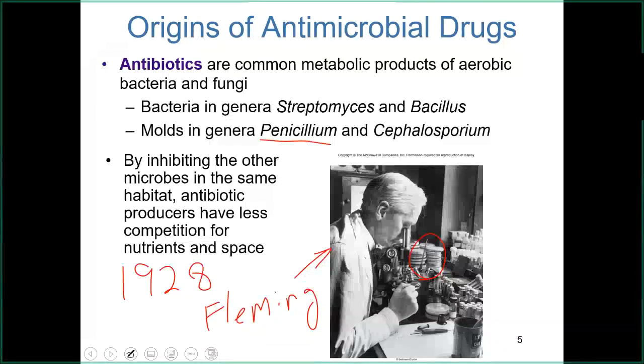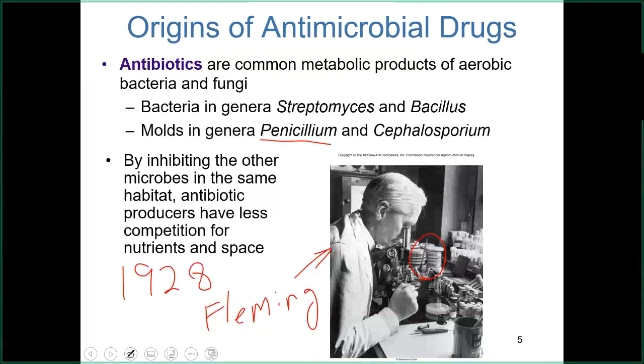It was more than a decade later before they had developed the methods for growing up the mold and extracting the penicillin drug, the antibiotic, and putting it into a form where it was able to be administered to patients.